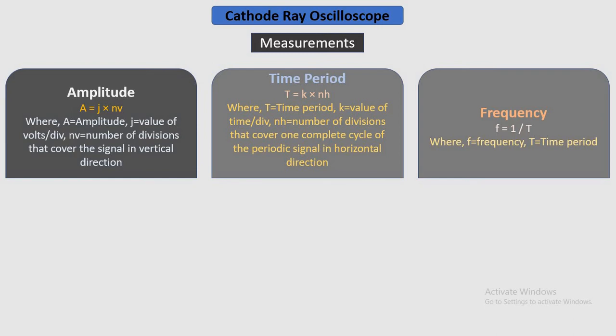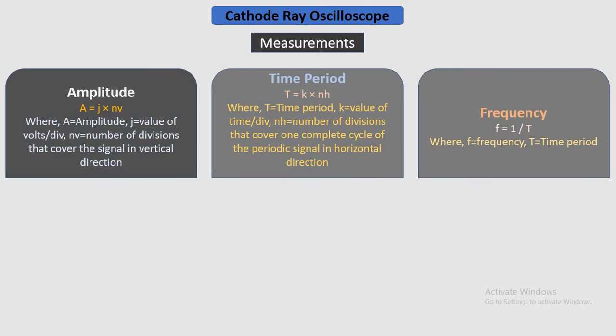So let us discuss the first one, amplitude measurement. The CRO displays the voltage signal as a function of time on its screen. The amplitude of the voltage signal is constant, but we can vary the number of divisions that cover the voltage signal in the vertical direction by varying the volts per division knob on the CRO panel.